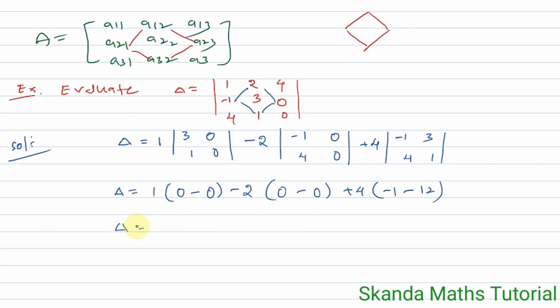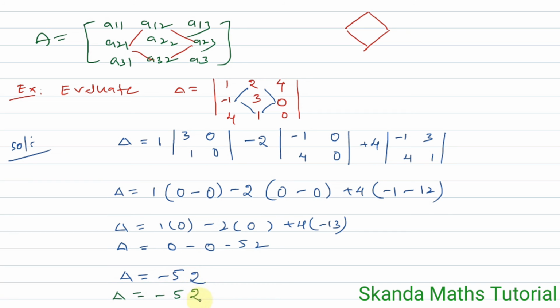So delta is equal to 1 into 0 minus 2 into 0 plus 4 into minus 13, so 4 into minus 13 is minus 52, which implies delta is equal to minus 52. So this is the determinant of the given 3 by 3 matrix. We can use either a row or a column; I did this problem by using the first row. Is it clear?